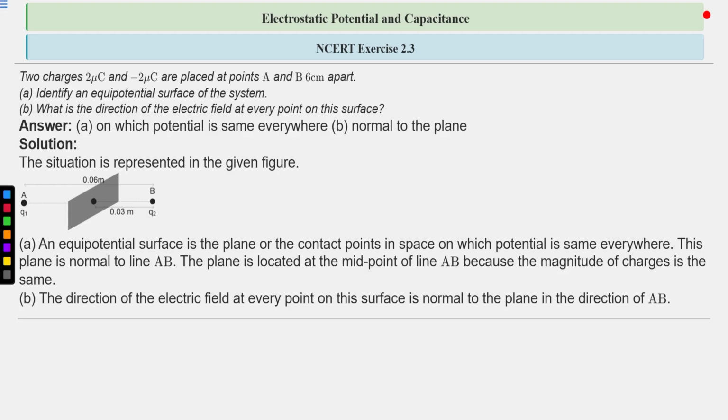And the second thing, the direction of electric field at every point on this surface is normal to the plane, in the direction of AB. So electric field is from A to B, and the direction of electric field at this surface is perpendicular to this surface, from A to B. Okay.